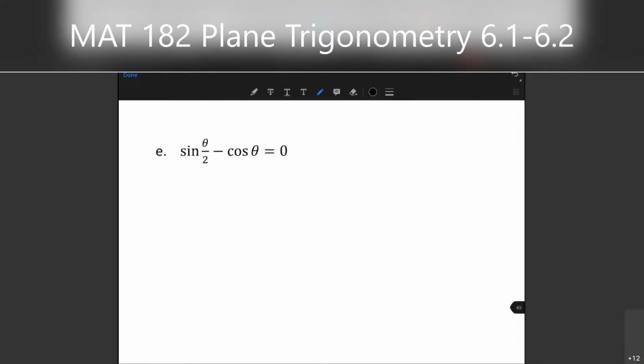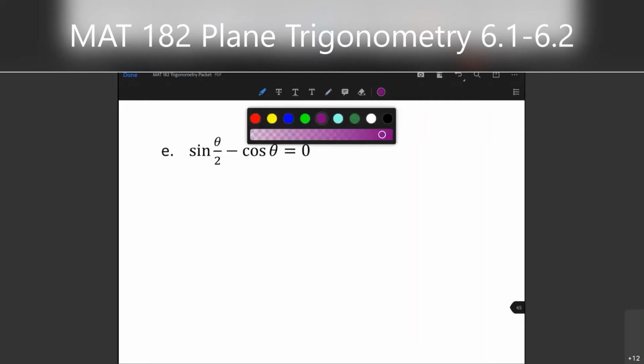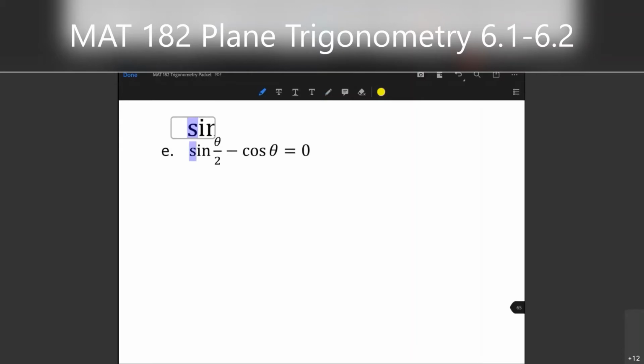One way we could solve this is to consider what sine of theta over 2 is representing. If you look at our half angle identities, one way I can represent sine of theta over 2 is the following: it is equal to the square root of 1 minus cosine theta divided by 2.